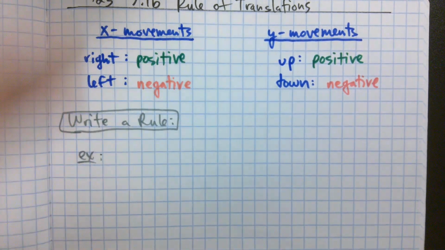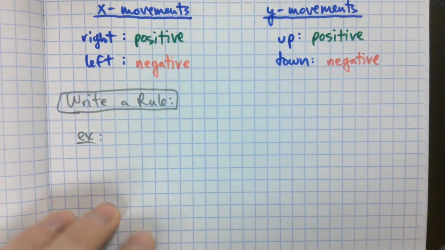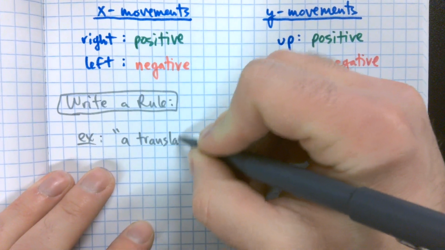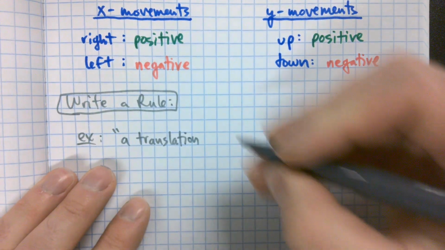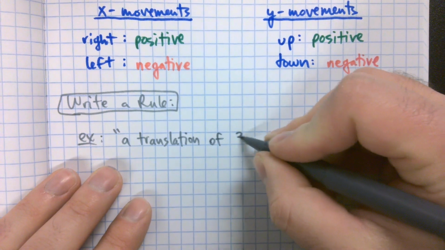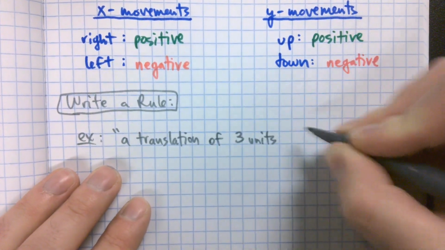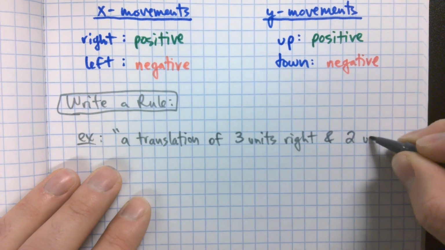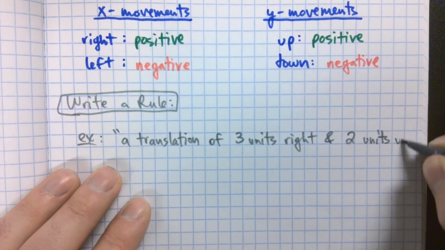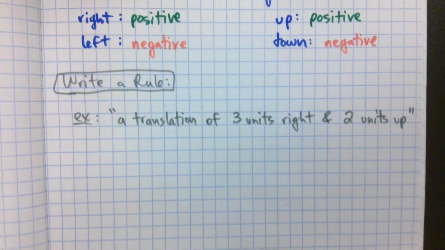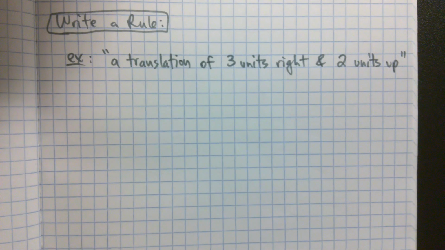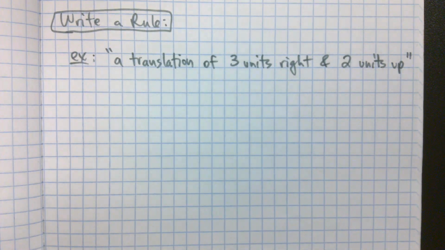For example, if we have a translation of 3 units right and 2 units up, that's all the information we need to be able to write a rule.